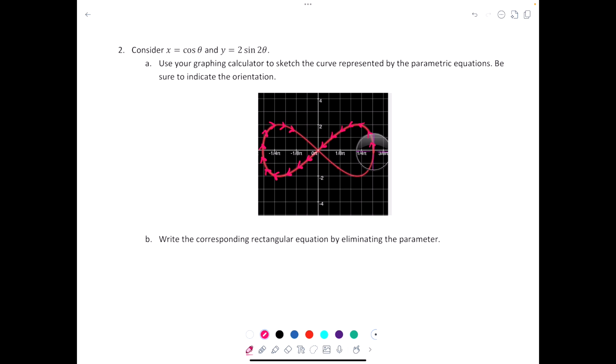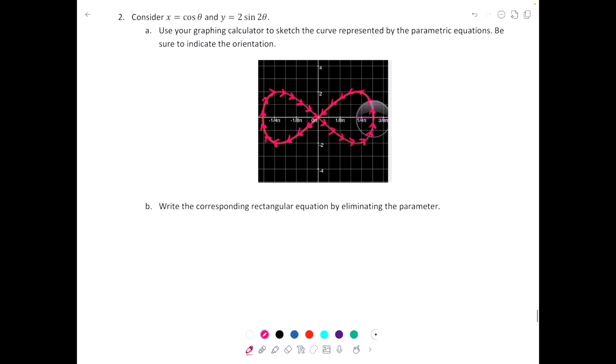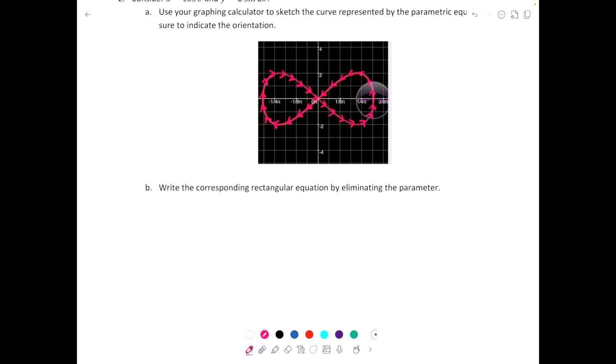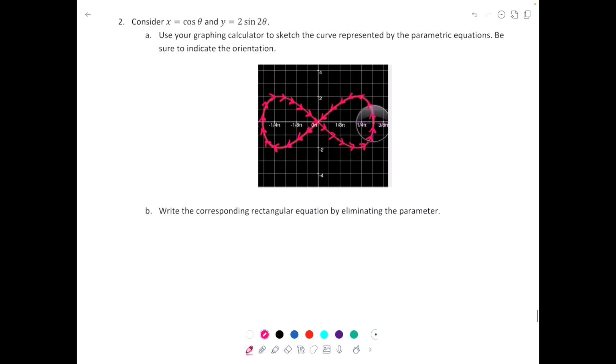It's good practice for us to figure out where our graph starts and how to draw in our orientation. Groovy? Awesome.